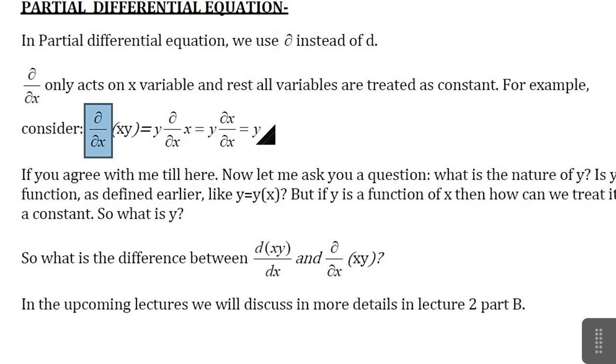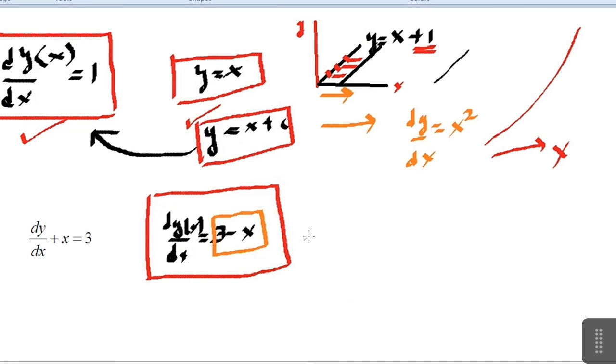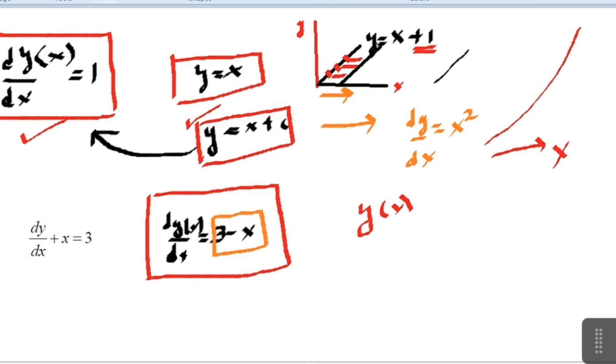Now let me give you a small puzzle. Till now we were learning that y is a function of x. Okay, so till now we have been studying that our y is a function of x.